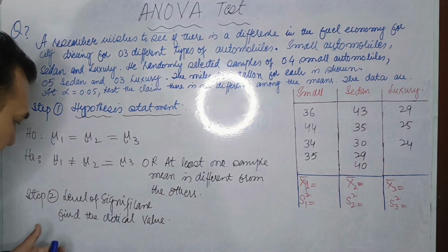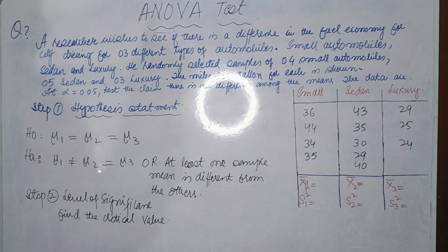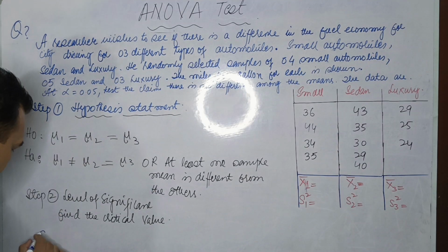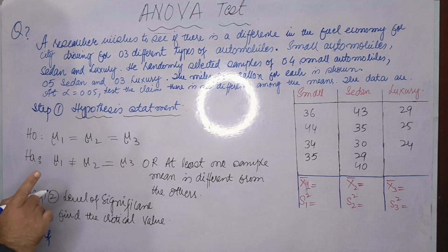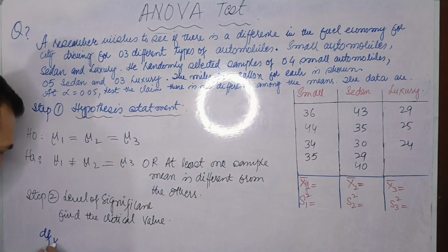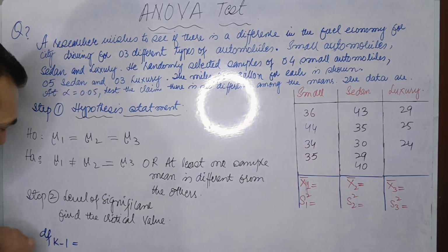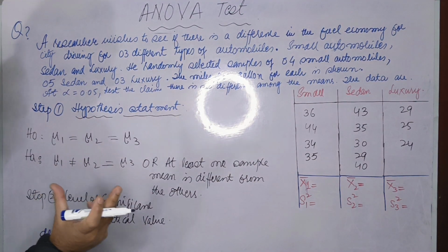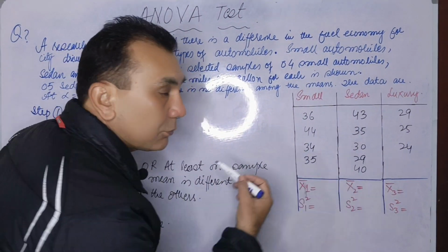Now here we have two types of degrees of freedom. One degree of freedom is k minus 1. K minus 1 means how many groups of automobiles.